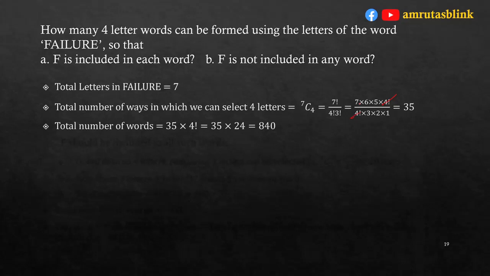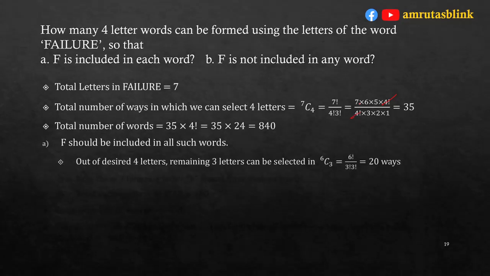Now once you have selected these 4 letters, you need to arrange them in order to form the word. So total number of words will be 35 into 4 factorial, that is 35 into 24 is equal to 840. Now there is a first condition, in how many of these words F is included in each word.